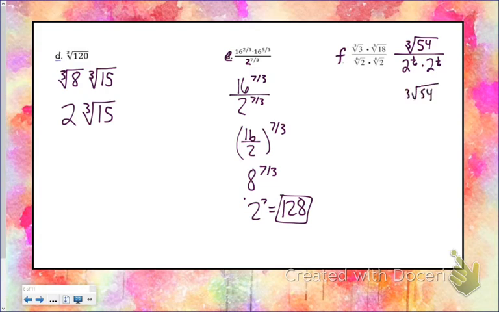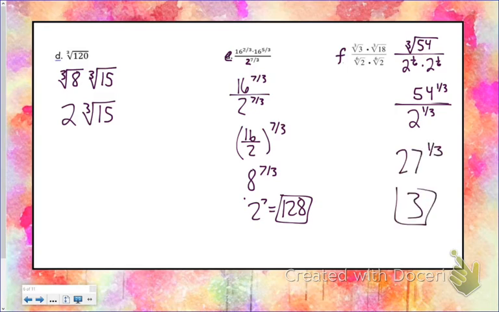So that gives me 2 to the 2/6, which is 1/3. Well, 2 to the 1/3 is the same thing as cube root, so I can rewrite this as 54 to the 1/3. So now I have 27 to the 1/3, which is 3.